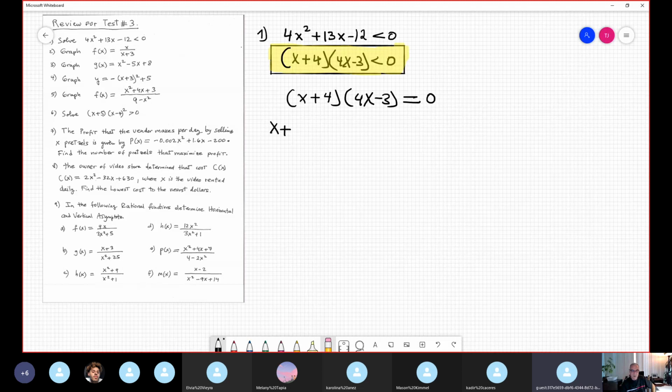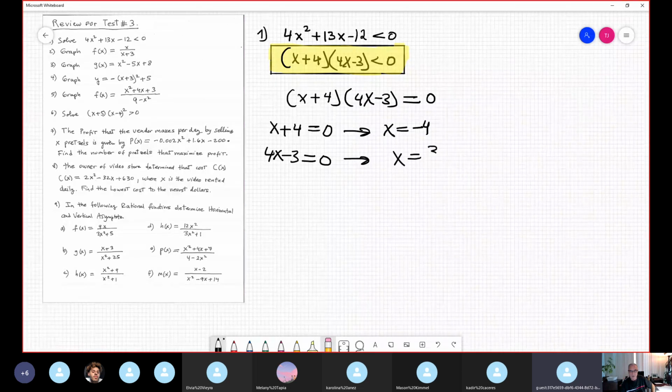So, x plus 4 equal to 0 means that x is negative 4. And 4x minus 3 equal to 0: for x, you move 3 to the right-hand side, divided by 4, so x equals 3 over 4.